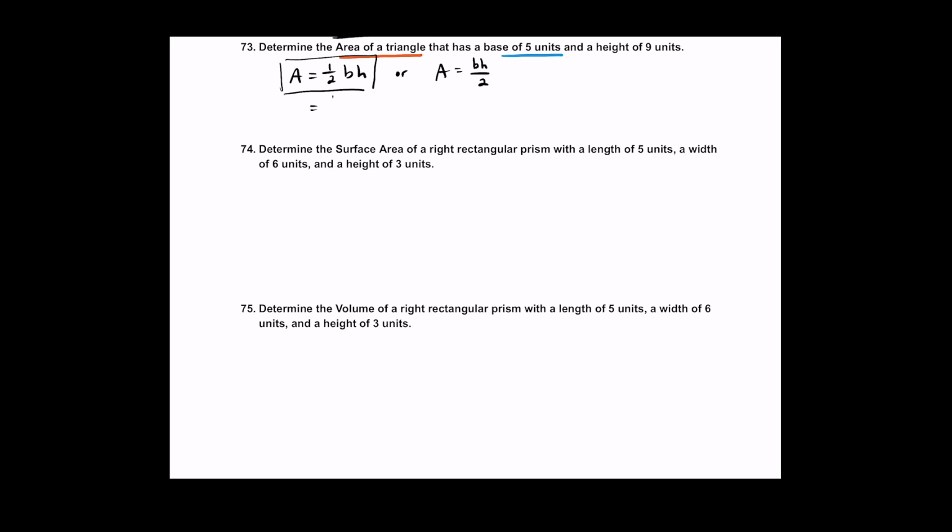So that's going to be 1/2 times the base, so the base is 5 units, and then we multiply that by the height, which is going to be 9 units. Okay. 5 times 9 is 45, and half of 45 is 22.5, so 22.5 units squared. That would be the area of this triangle.